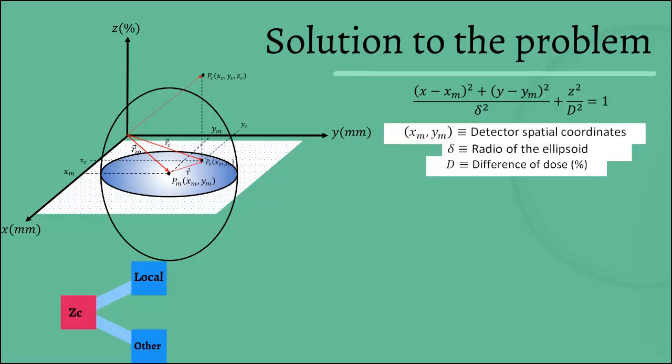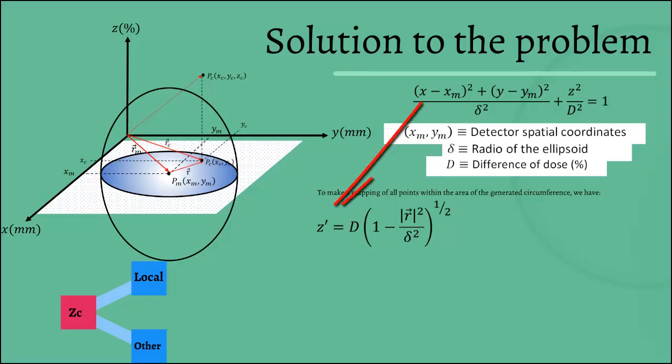Now we'll make a mapping of all the coordinate points x, y that are within the surface enclosed by the circumference of delta radius. For that, we'll clear z from the equation. But now we'll determine the value x, y in all coordinate points xc, yc from the planning system.